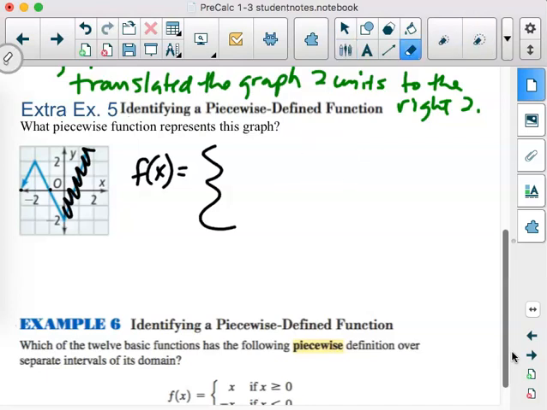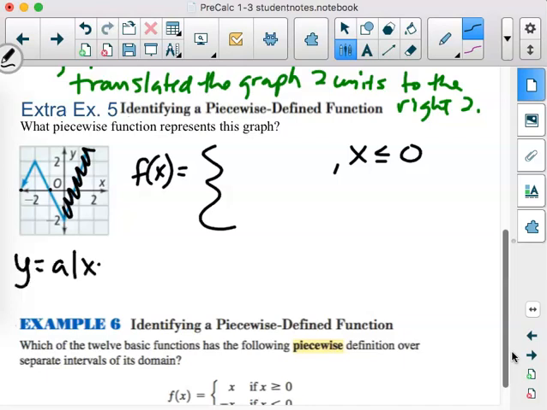I know I didn't leave myself enough room there to write my absolute value. So x is less than or equal to 0. Now, if that's absolute value, using a, h and k is definitely the way to go.